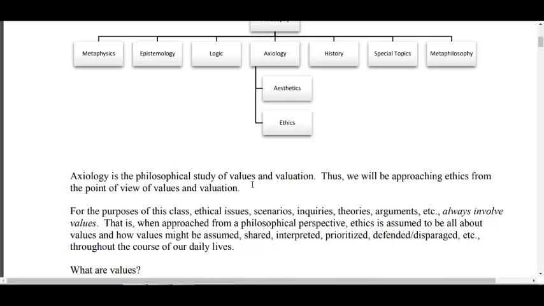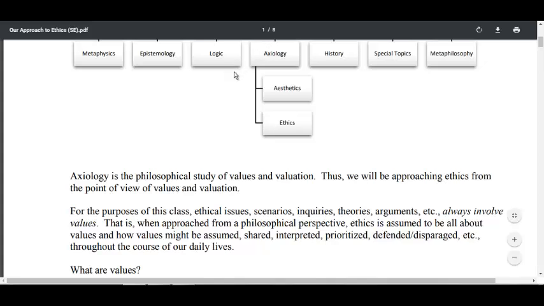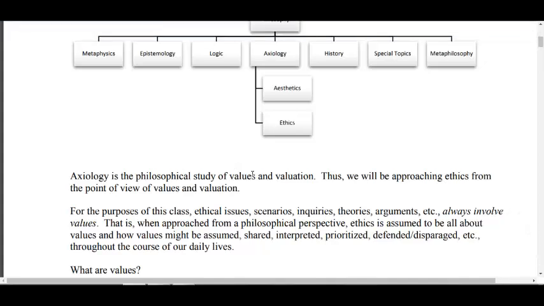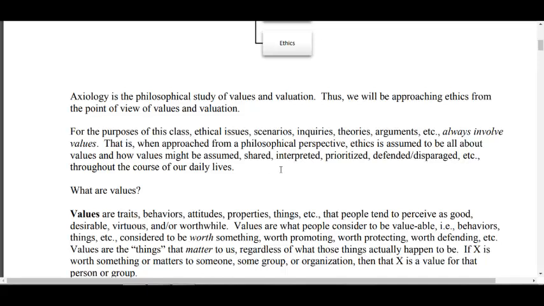Given that axiology is one of the parents and ethics is a child, then if the philosophical study of values and valuation is what axiology is, it's going to follow that in approaching ethics, we will do so from the point of view of values and valuation. If its parent is values and valuation, then ethics, the child, is going to be about values and valuations too. And we'll make more sense of that as we move forward.